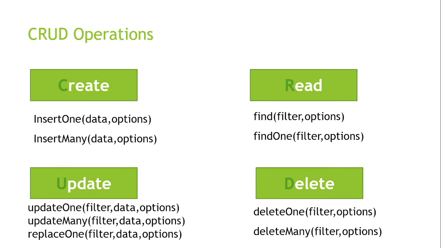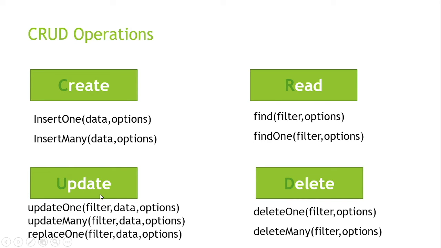So this is find, and findOne will always return you one element or one document, and you can also filter that. You can add the filter, like a condition. Filter is nothing but the condition by which you want to find the objects which match it.